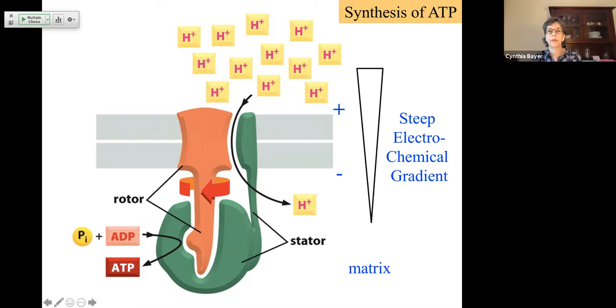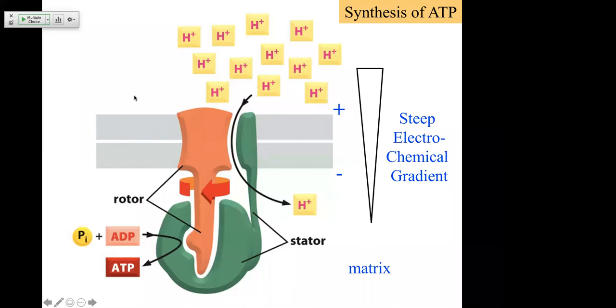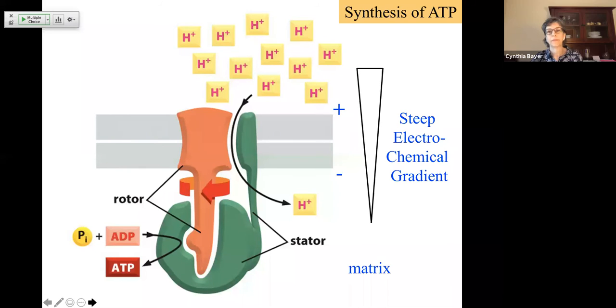So I think it's a lot easier to understand what's going on with this ATPase by seeing that computerized modeling of it. Oops, sorry, I don't have my audio right yet. Okay, I should be back now.